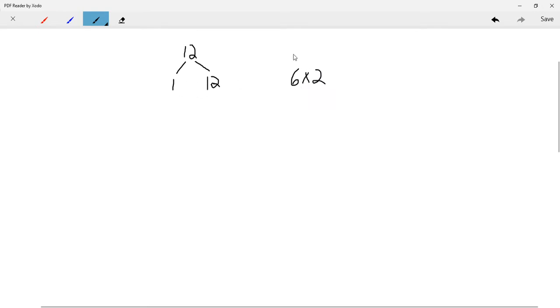So let's make a list here. 1 times 12, and then we can switch these up. 12 times 1, right? And we can always switch these. 6 times 2 and 2 times 6. Flip these around.